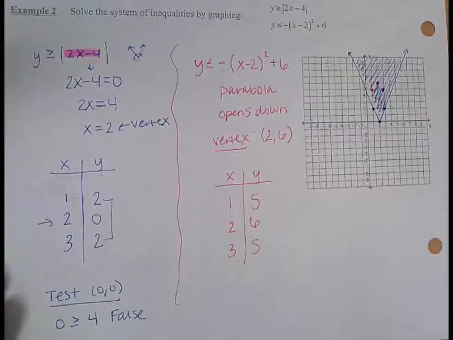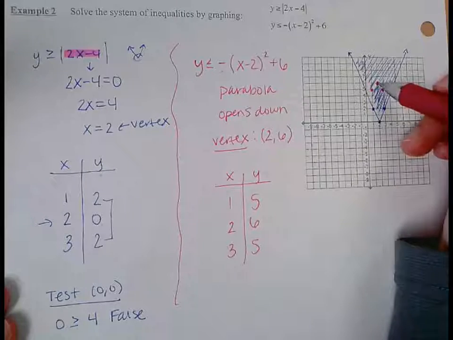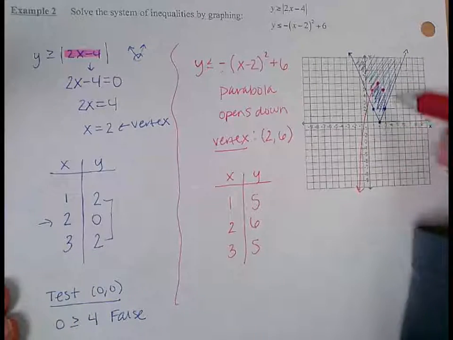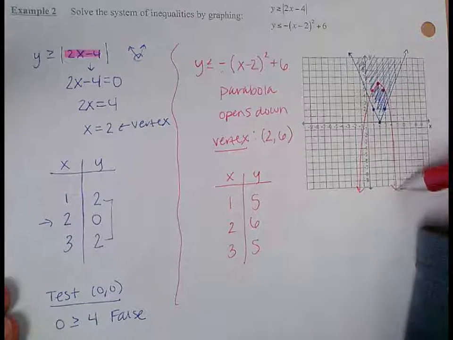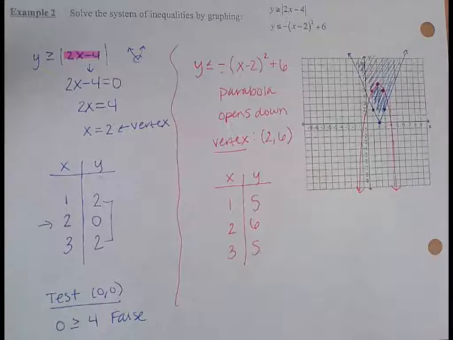And is the parabola going to be solid or dashed? Solid. And just like the absolute value, I'm either shading everything in the parabola or outside of it. And 0, 0, it does happen to be in the parabola.